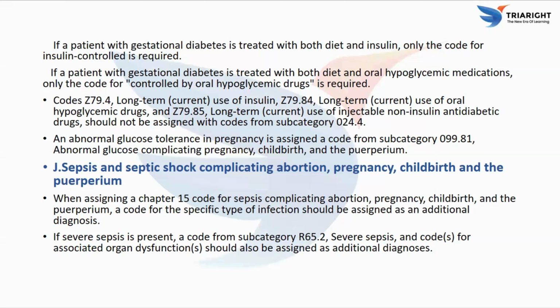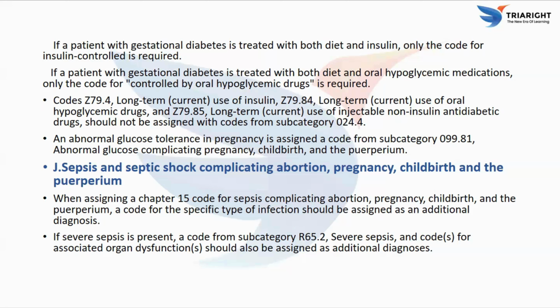Now what is the severe sepsis route? How do you code for severe sepsis? If the patient develops severe sepsis, that is sepsis plus organ failure, then you have to assign the code R65.2 for severe sepsis and codes for organ dysfunction, for example acute kidney failure or respiratory failure. Why? Because this indicates how serious the condition is.